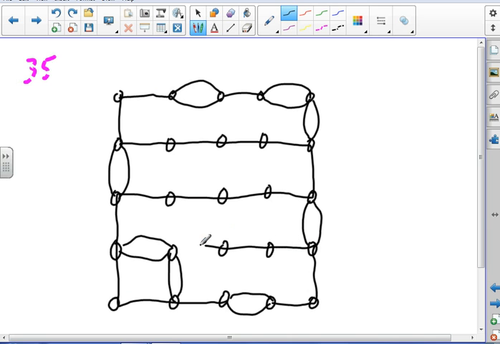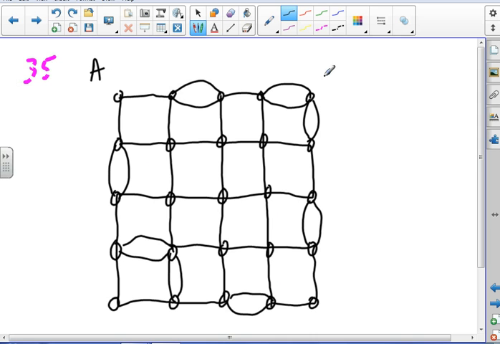Now the glory of the smartboard: should we label these? Probably not. A, B, C, D, E, F, G, H, I, J, K, L, M. Alright, so use B as the starting point.